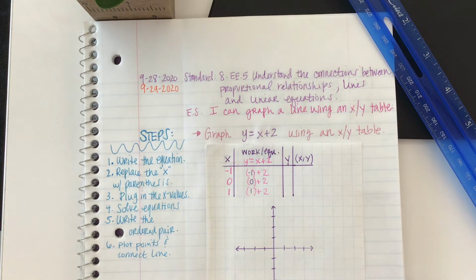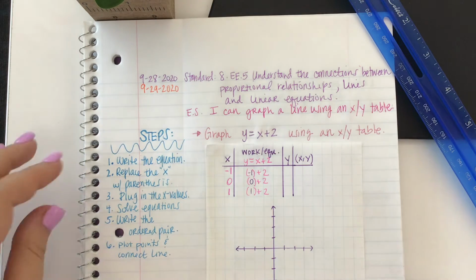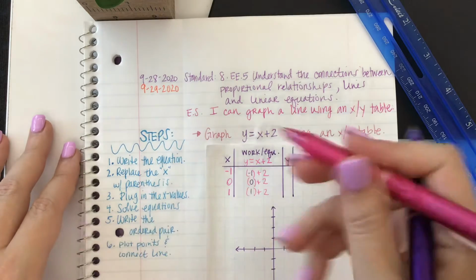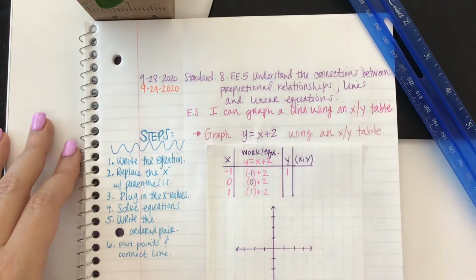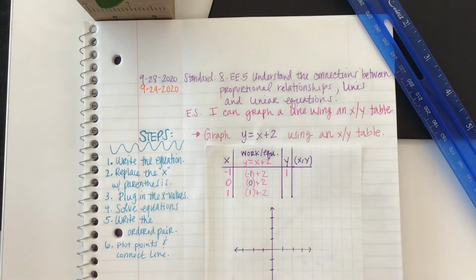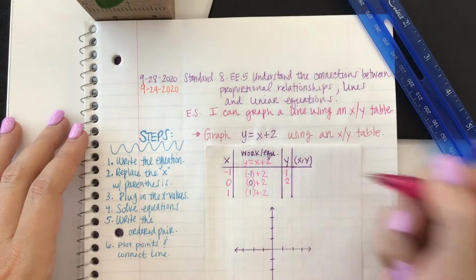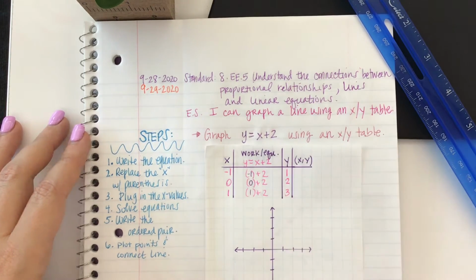Now, these are just integer operations that you should all be familiar with. So negative 1 plus 2 equals 1, and that goes in our y column because that's what that equals. So y equals x plus 2, and when we solve that equation, we get our y, which equals 1. Negative 1 plus 2 is 1. Then 0 plus 2 is 2, and 1 plus 2 is 3.